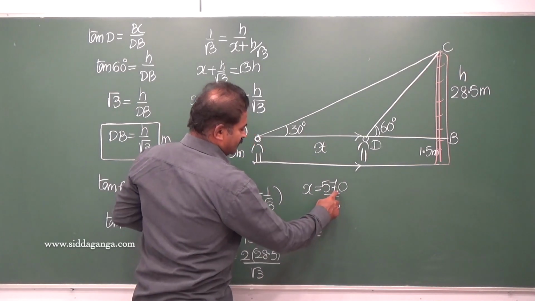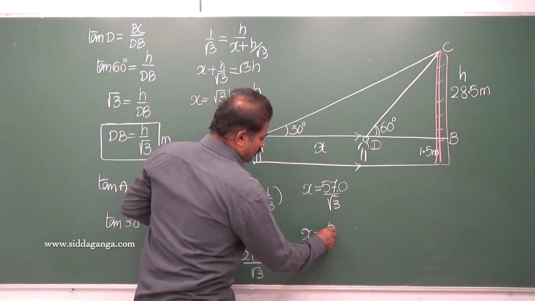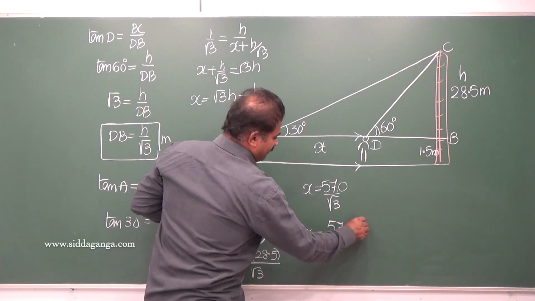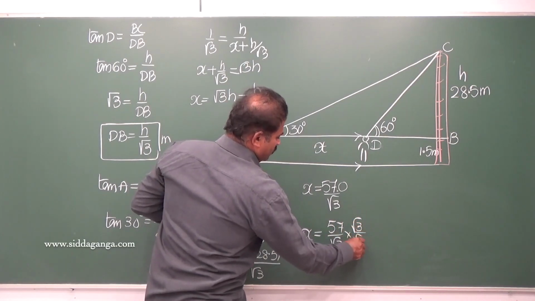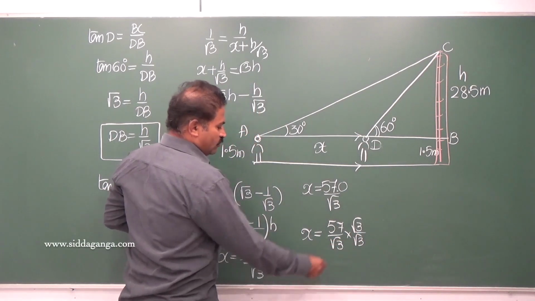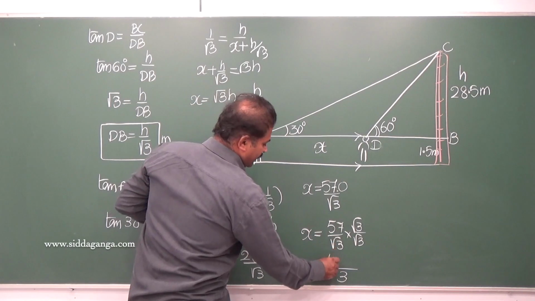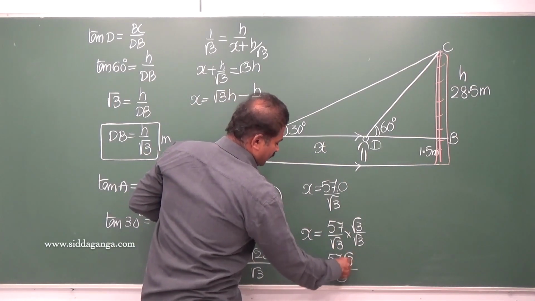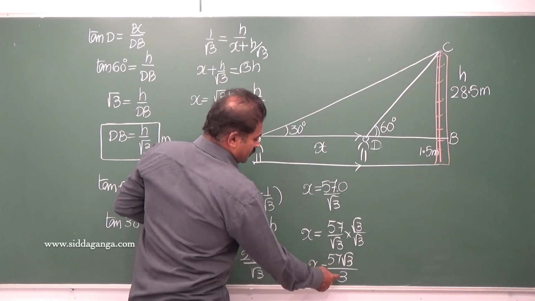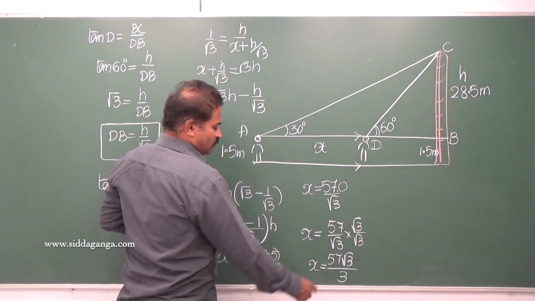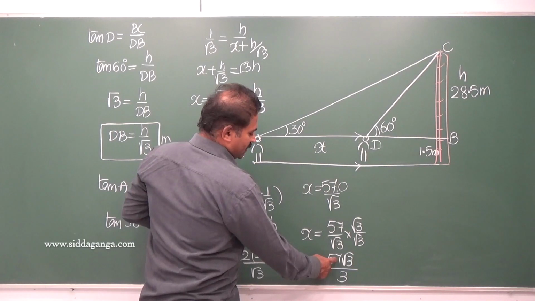You have 57.0, you can neglect 0. You have 57 by root 3. You multiply and divide by root 3. So in the denominator you have root 3 into root 3, which is 3. On top you have 57 root 3. So that will give you X. So you can divide 57 by 3. 3 1s are 3, 3 9s are 27.